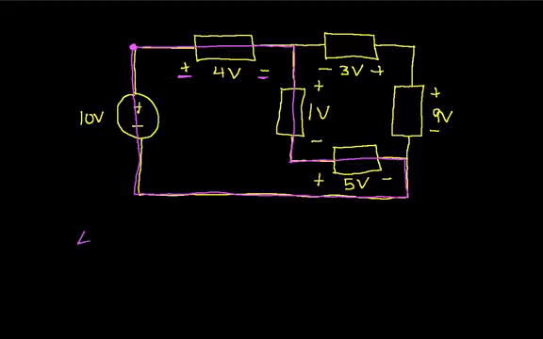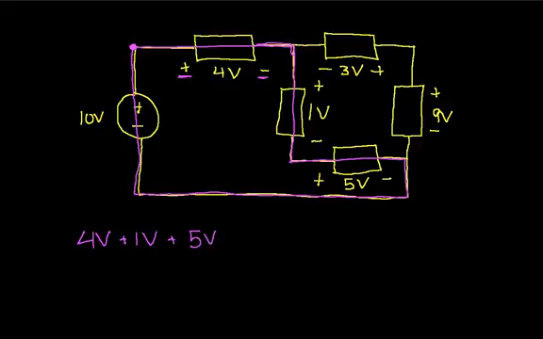So the first voltage I encounter is 4 volts. Now I turn the corner, I encounter the 1 volt drop, and again I'm going from higher to lower potential, so that's 1 volt. Then I encounter the 5 volt drop, so I'll write that down.